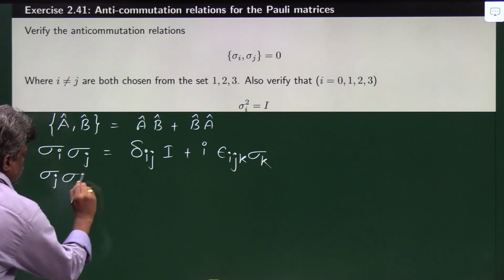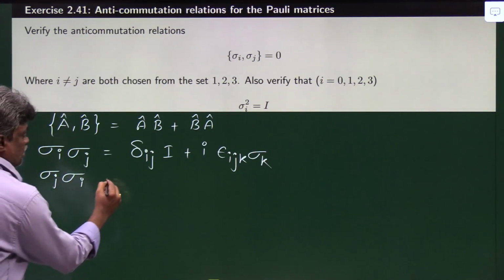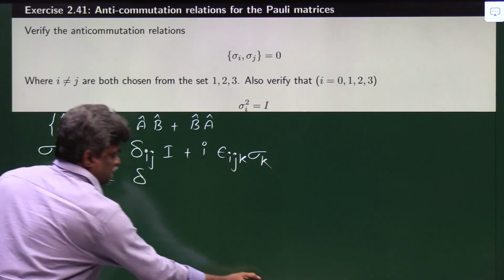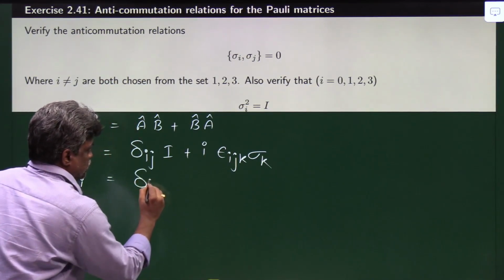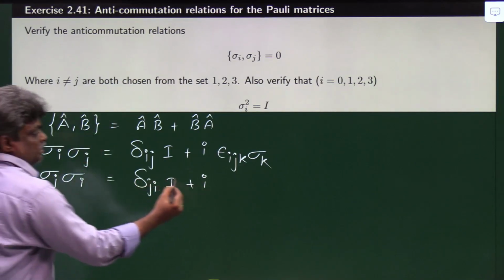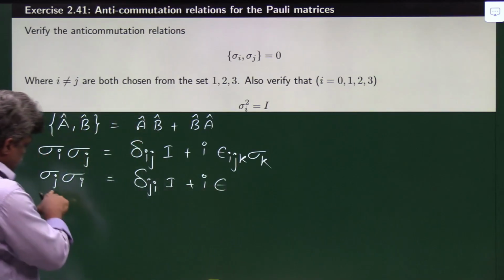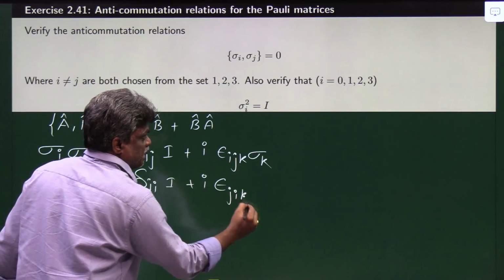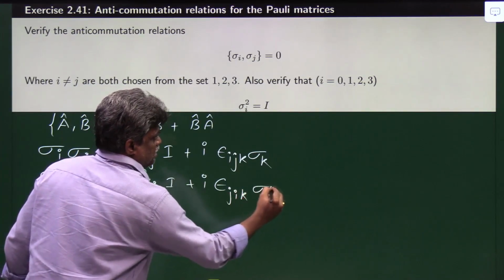Sigma j sigma i equals Kronecker delta ji identity plus iota times the Levi-Civita symbol, taking the indices in this order, j i, and the third index is k, times sigma k.